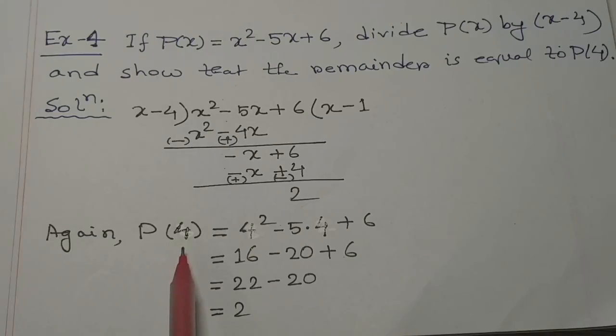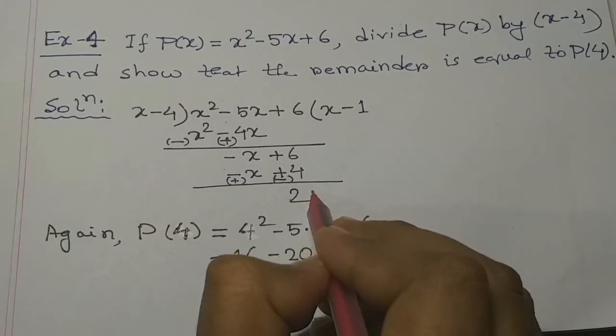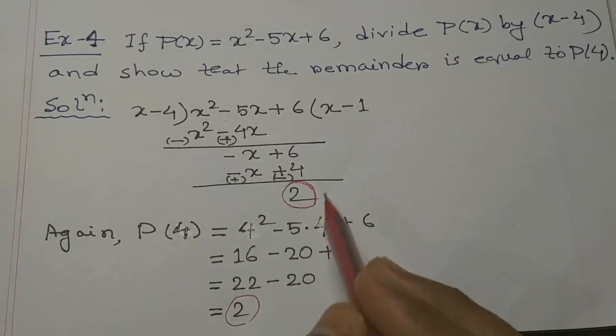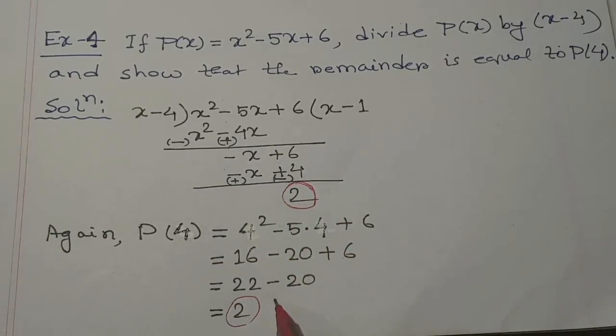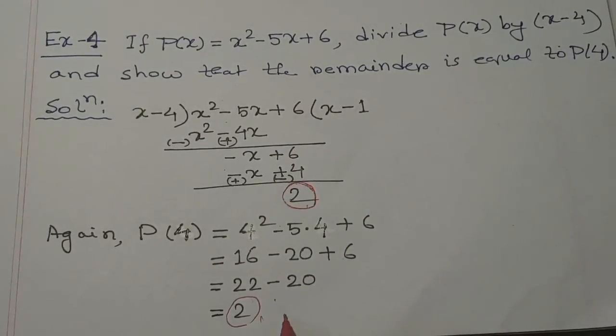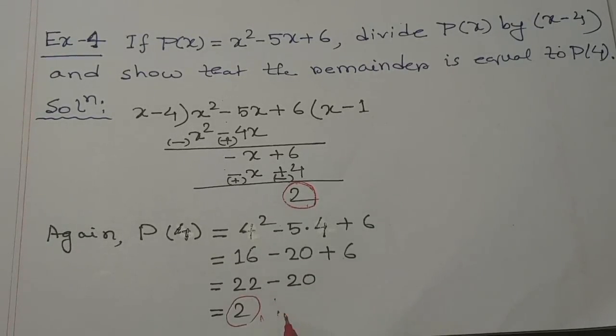Finding the value of p(4), we can see that it is 2, and we also got this 2 as the remainder by the normal division method. So these two are equal. We have proved that. Now from this we will go to the remainder theorem.